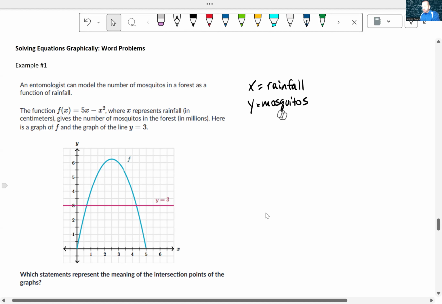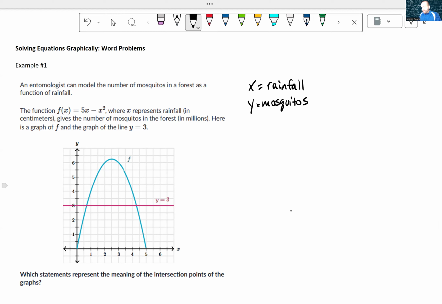So we're going to interpret what these intersection points mean because it says which statements represent the meaning of these intersection points. So we have an intersection point there, and those are the solutions to our equation.